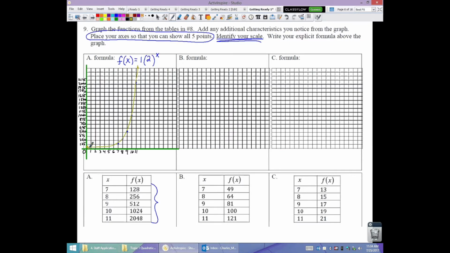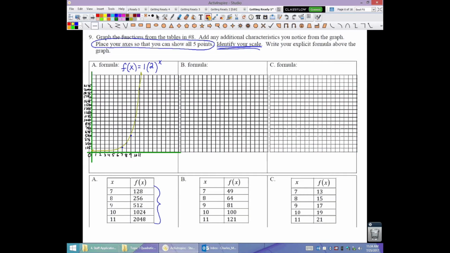All right, in part B, I'm going to have to get up to 121. Again, I have 20 boxes to do it. I can count by tens. I don't need any negatives. So again, I can locate my axes right at the edge if I choose to. I'll count by ones on the x-axis.